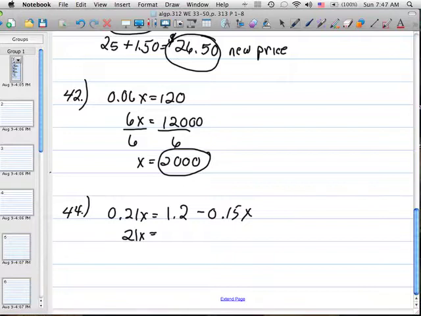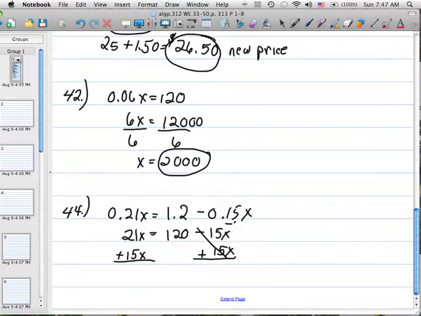This one moving over 2 will have 120. Move over 2 here, we'll have 15x. Get the x's on one side. Since 21x is by itself on the other side, we're going to add 15x. So we have 36x equals 120.